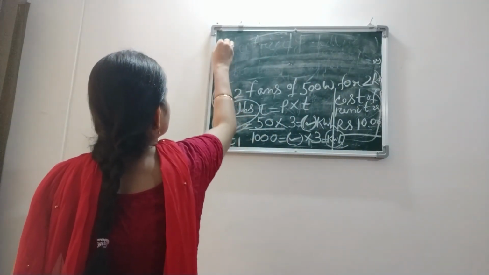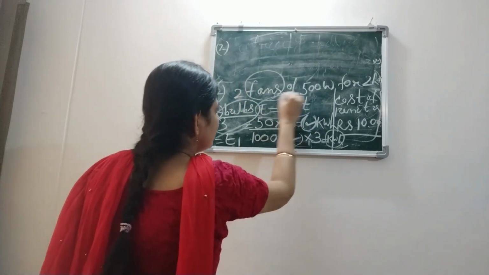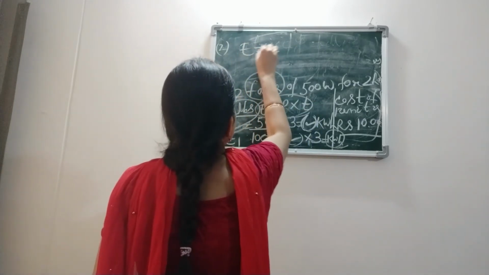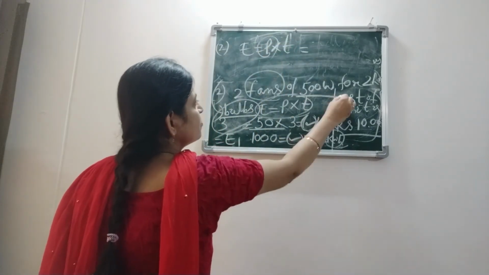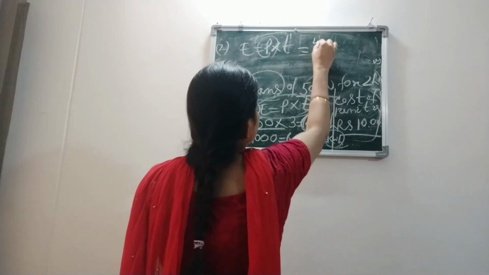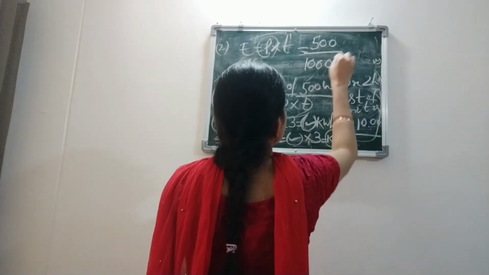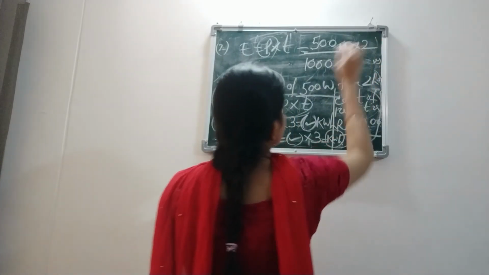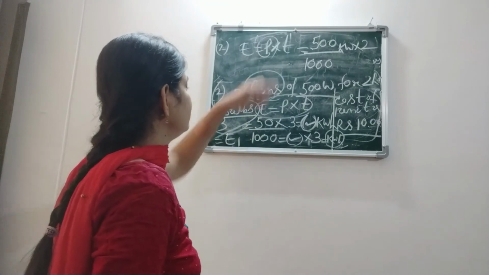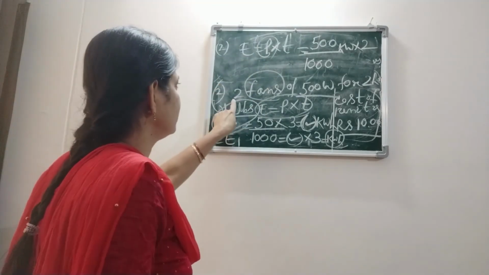Second one means fans. Use the same formula. E is equal to P into T. What is the value of your P? P is equal to suppose 500 watt. So divided by 1000, that will be a kilowatt into time. Time is your 2 hours. This is the energy consumed by 1 fan. Now according to your question there are 2 fans.